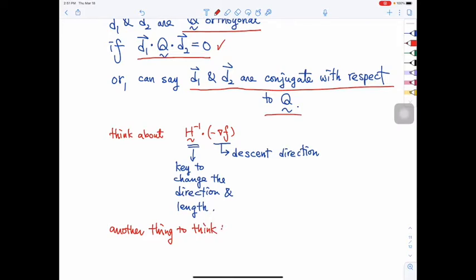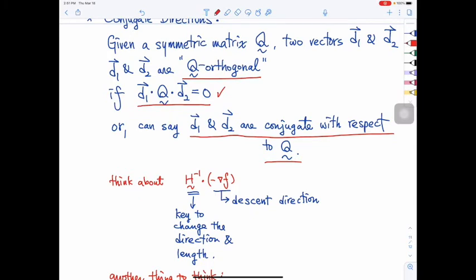Can someone tell me, are D1 and D2 orthogonal to each other? The answer is yes or no. Are D1 and D2 orthogonal to each other? Who say yes? So who say no? Because someone say no. Okay. So the answer is not necessarily.